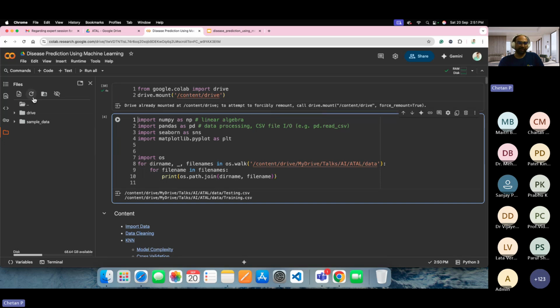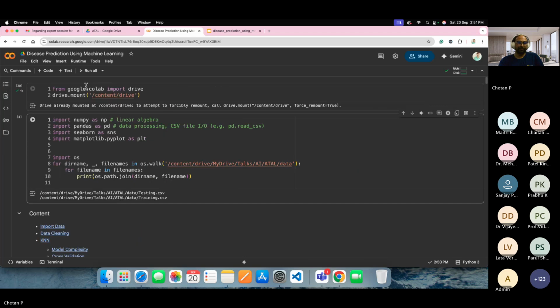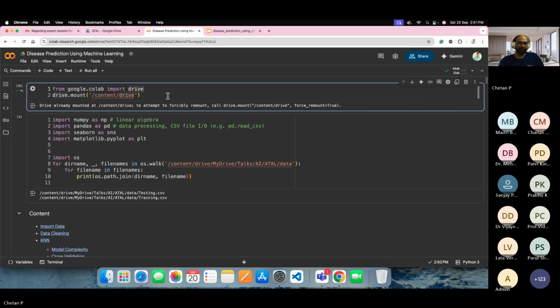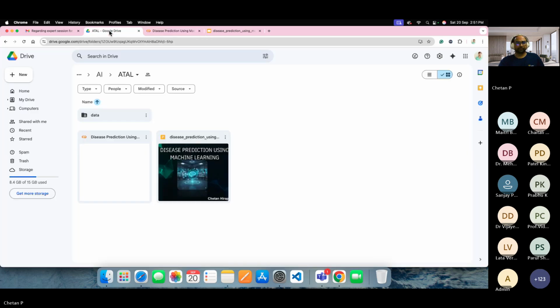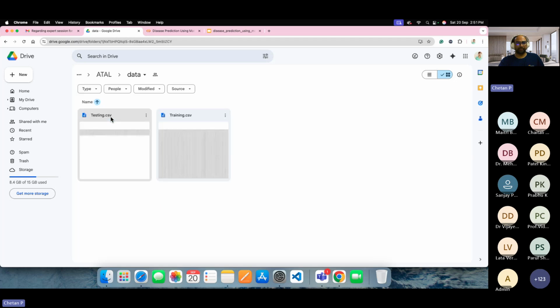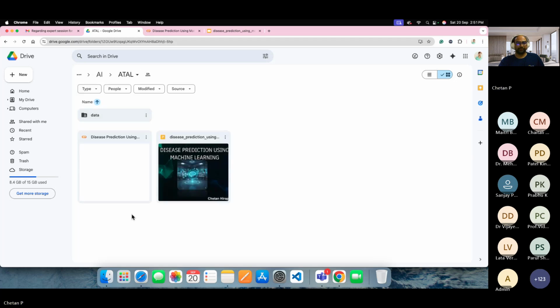I'm waiting for 2-3 minutes for confirmation from everyone, whether they are able to come to this point or not. Okay, you can download this data and paste it into your drive, and you have to open this Colab notebook.